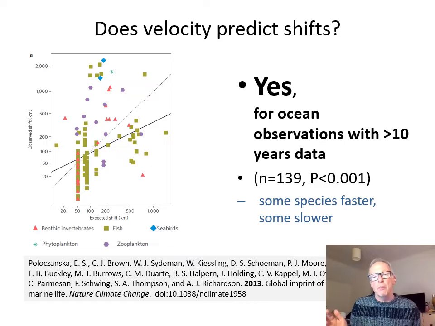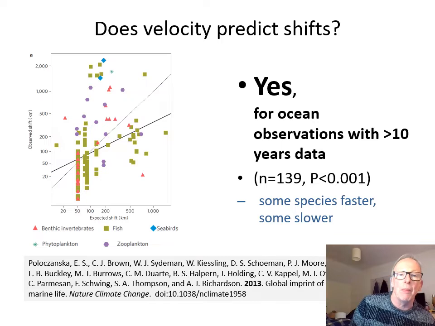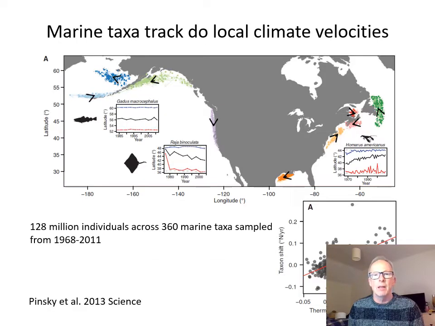When you've got long-term observations of ocean species, there is generally an agreement between velocity predictions and distribution shifts. This is probably the most reliable comparison of distribution shifts with velocity, by Malin Pinsky in 2013 in Science, and he showed that basically, yeah, the taxa shift their distribution to match the local shift in isotherms.